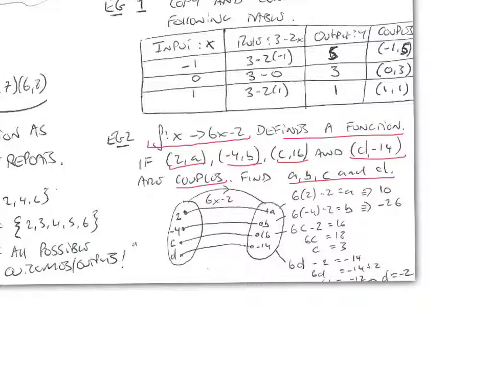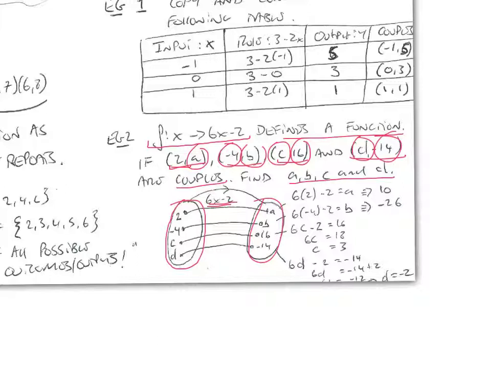Well, we write our set of inputs, our domain, as 2, -4, c, and d. And we write our range, our outputs, as a, b, 16, and -14. So we write those here, and we write down our rule, 6x minus 2.